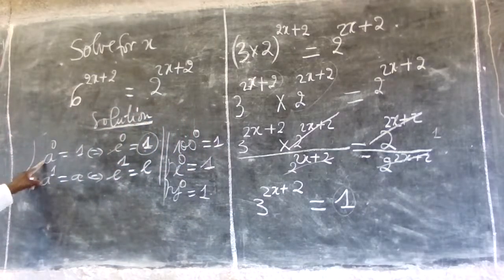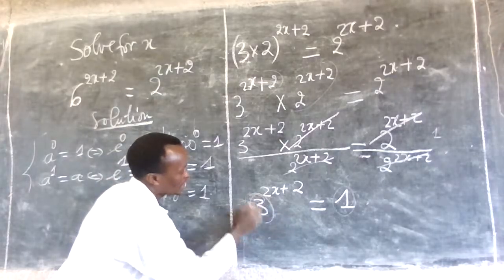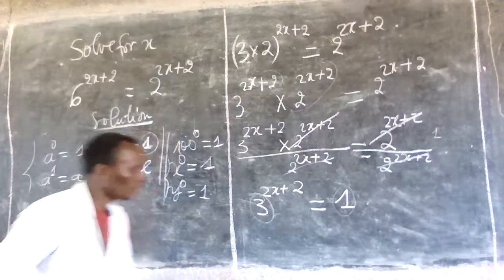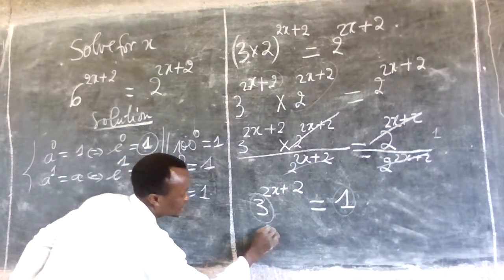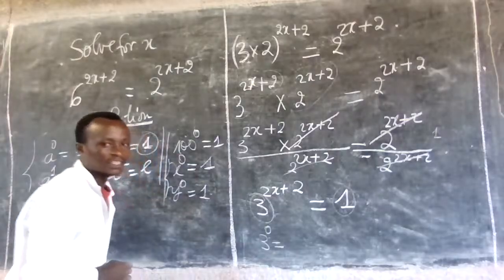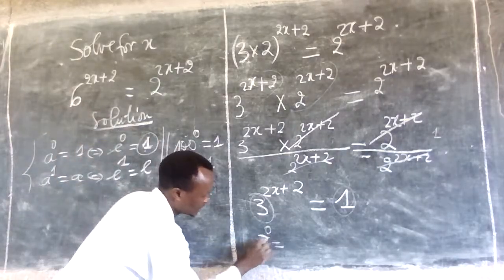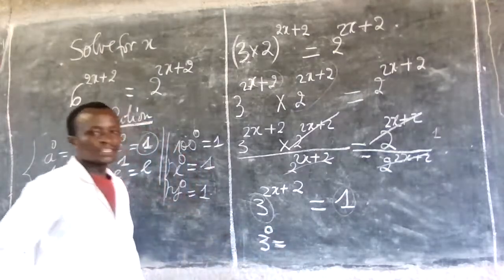I told you that if you have a power 0, it is equal to this one. Now, back here, we are going to power this number 0. How should this number equal? For example, we have 3 power 0.